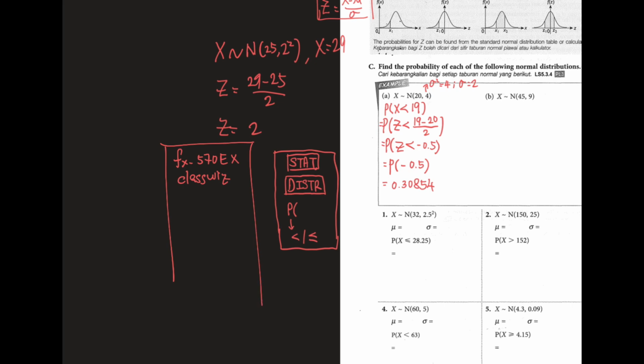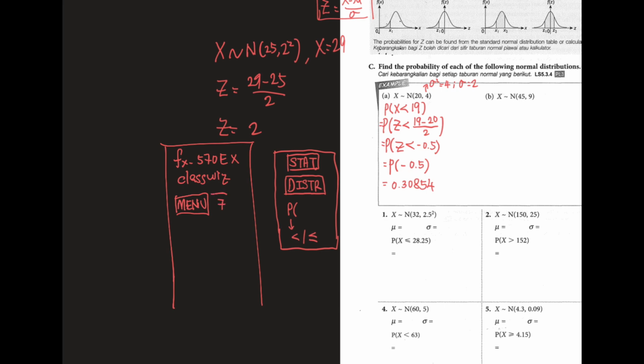Let's take a look at this calculator. First you press Menu. After that, you see number 7.